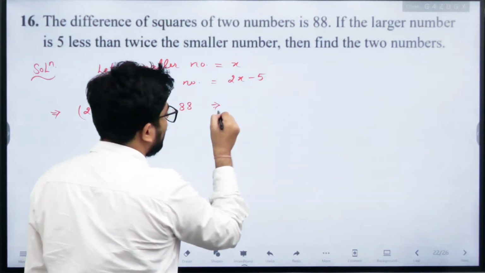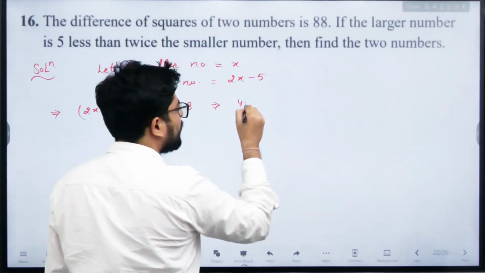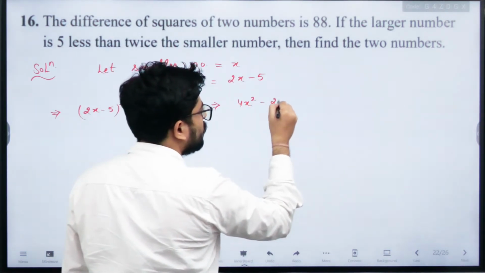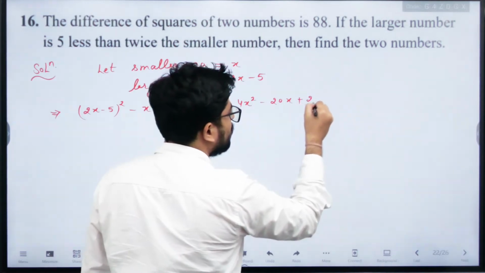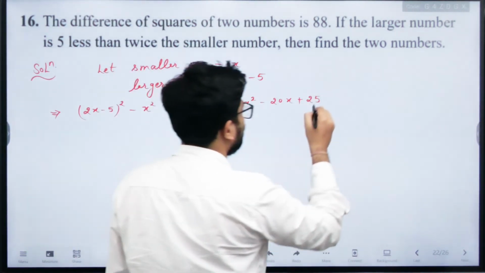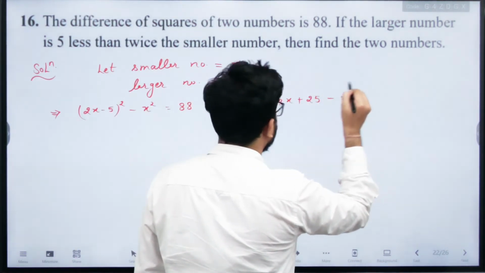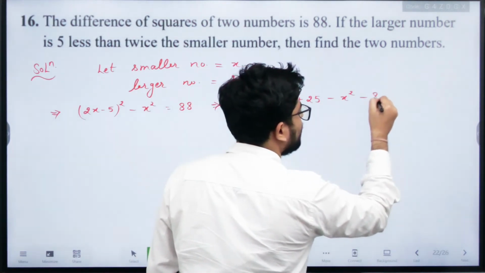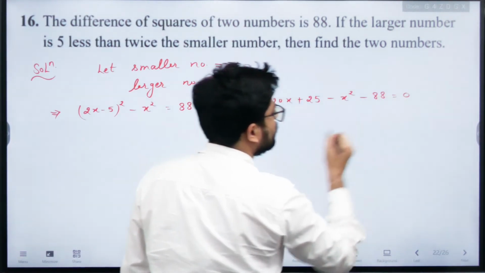When you simplify it, this is 4x square minus 20x plus 25 minus x square minus 88 is equal to 0.